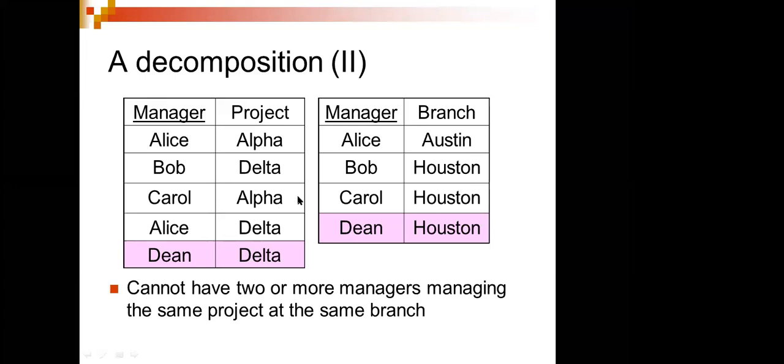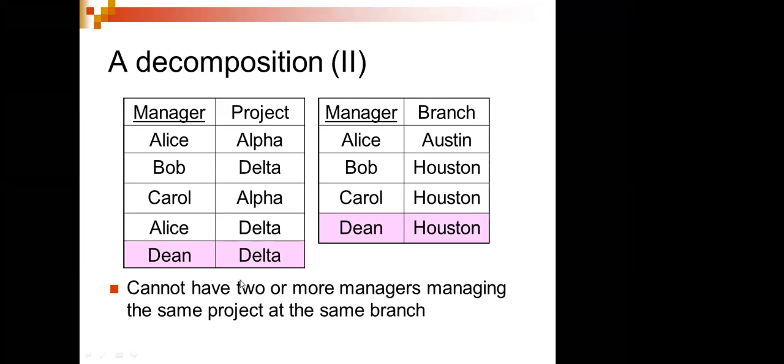That means three people are on the same branch, but on the same project. See here, Alice is on alpha. Alice is on delta. Bob is on delta. Cornell is on alpha. And Dean is also on delta. So that means one person who is managing the project can have only one branch and one project. So you cannot have more than that.